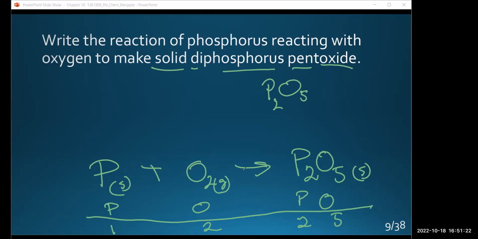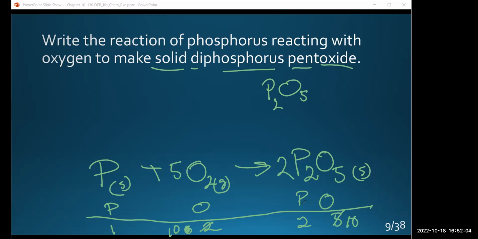So what can I do here? All right, so here we've got a dissimilar situation, like the 2 and the 3, but in this case it's a 2 and a 5. So you can use that same technique to even things up. If I find a common number, which is 10 in this case, I can put a 5 there, and I can put a 2 in front of P2O5. What that does is it brings my oxygens from 5 to 10, so the oxygens are good to go.